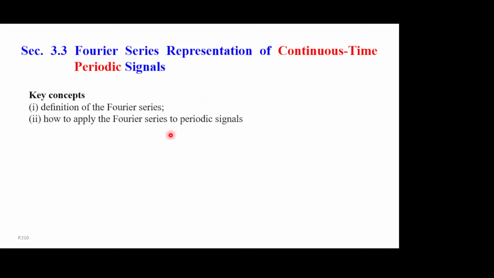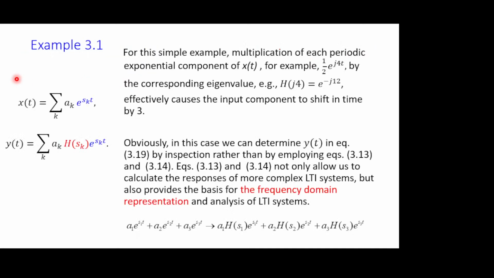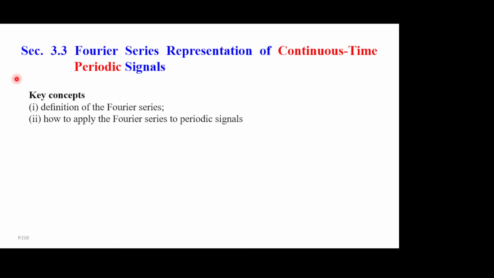For now, we start with probably the easiest case, which is the Fourier series representation for continuous time and periodic signals. So here the important quantifiers are continuous time and periodic. We want to do this on periodic signals.